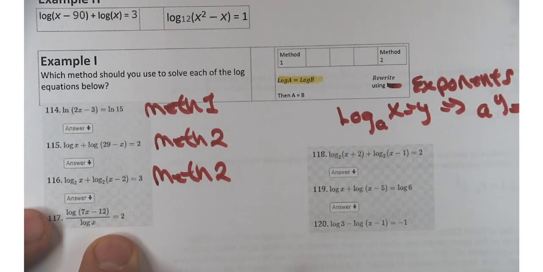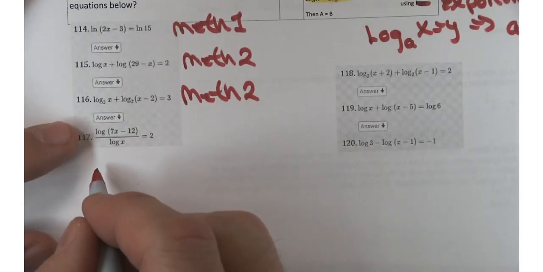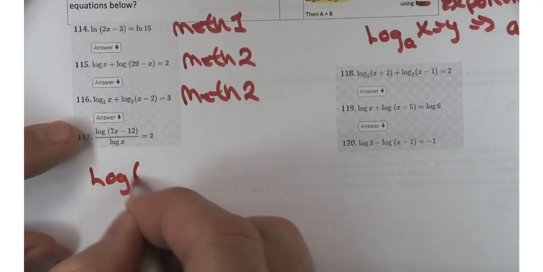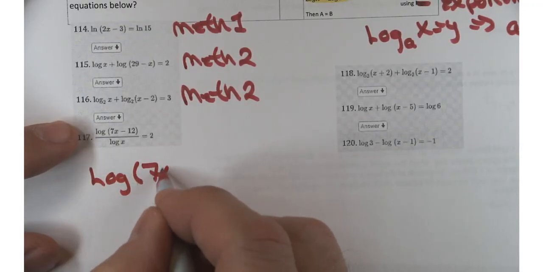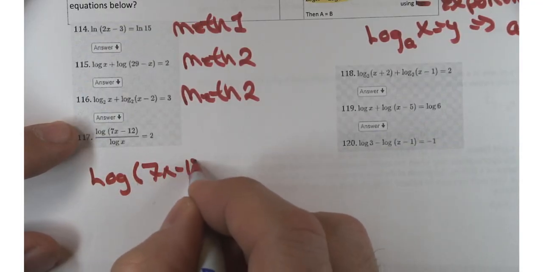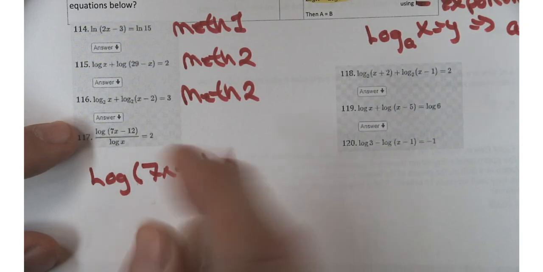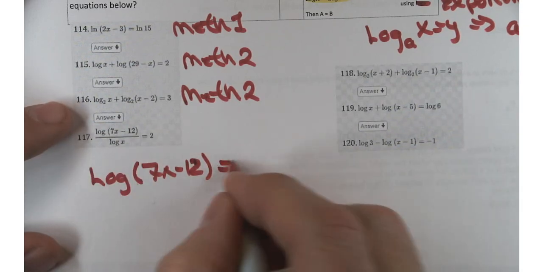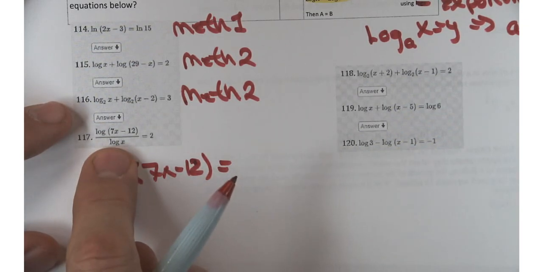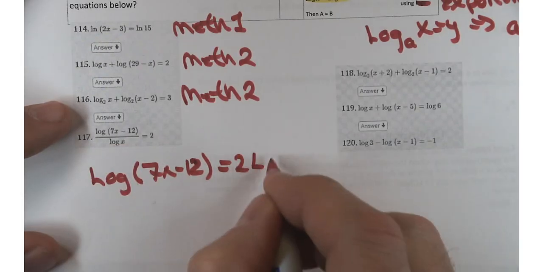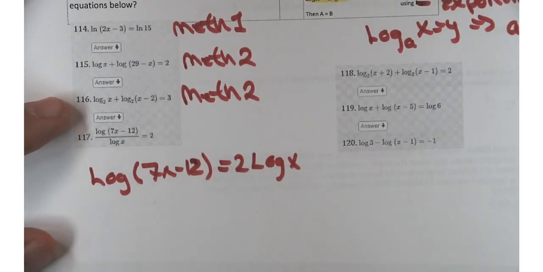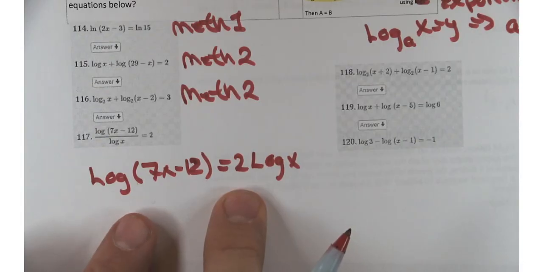This one's a little tricky. Let me get you started on that one. That's log of 7x minus 12. I would multiply both sides by the denominator. That gives me 2 log of x. This is not method 1 yet.